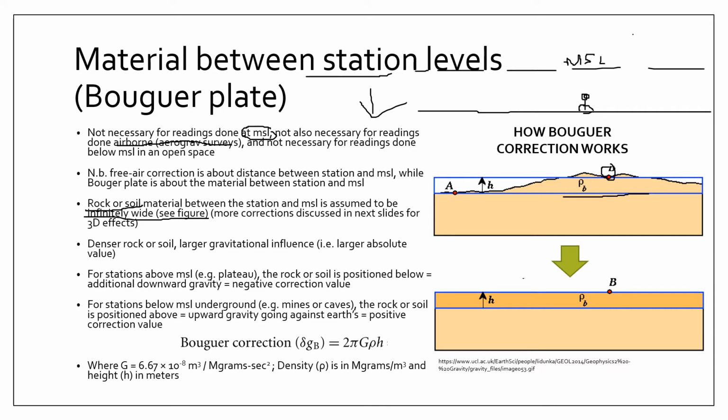So let's look at this figure. For example, in this figure, the material between you and the station is technically a hill or a mountain. In Bouguer plate correction, we just approximate this material as a plate, an infinitely wide plate.